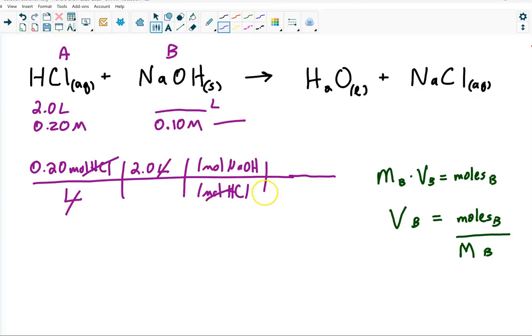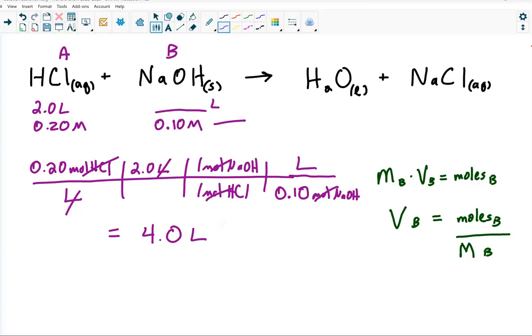So I divide by 0.10 moles of NaOH per liter, remember that kicks it up into the numerator, then moles of NaOH will cancel, and the answer is basically going to be, I think, 6.0. Isn't it? No, 4, sorry. 4.0 liters if you do the math, because the first part is 0.4 and you're dividing that by 0.1.